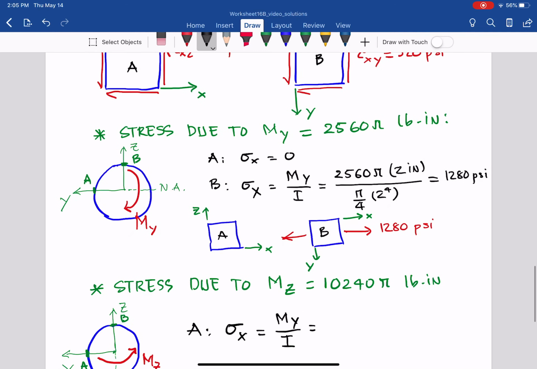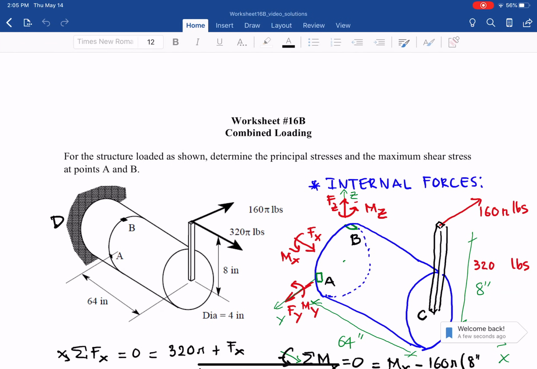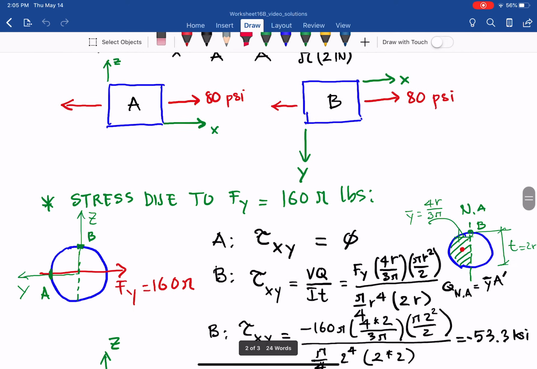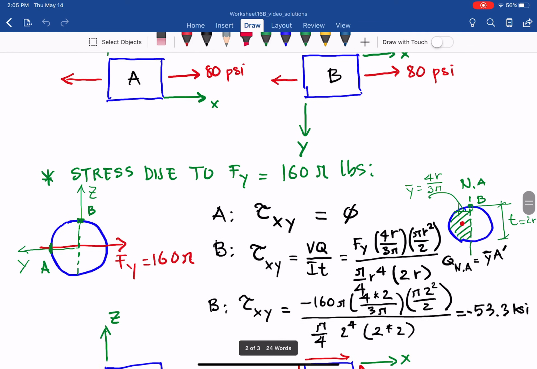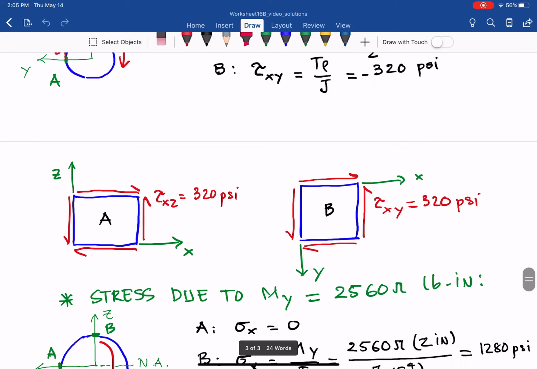So let's put that one in tension so we are not confused. Tension. Good.